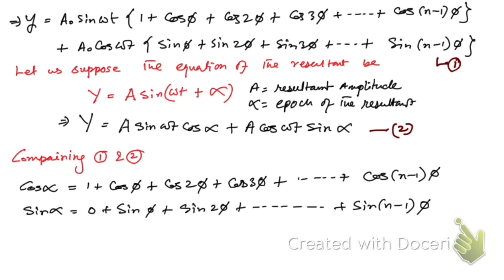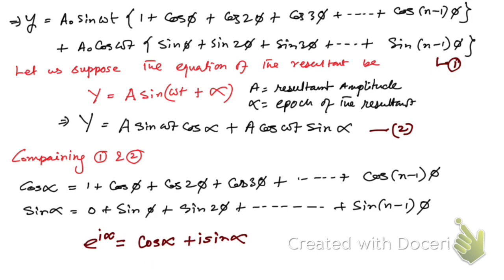Now, we know there is a formula in complex form: e to the power I alpha is equal to cos alpha plus I sine alpha. This is a complex number.